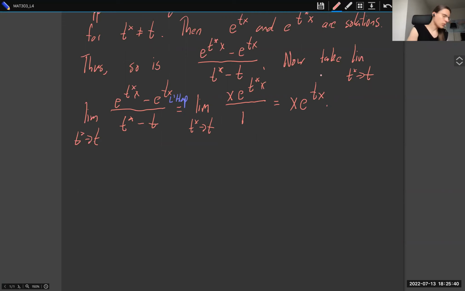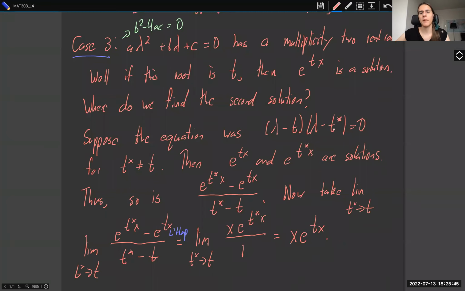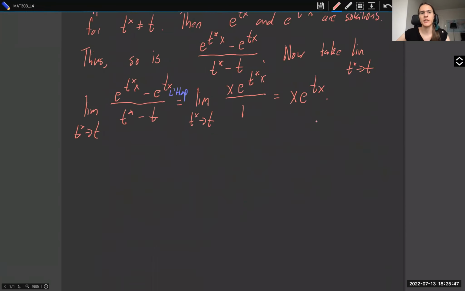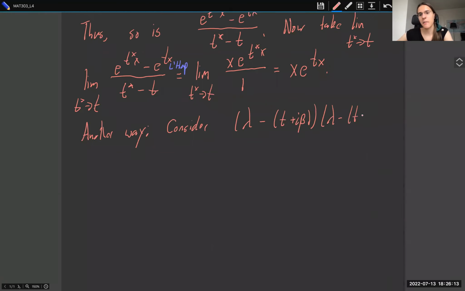And I can also do another thing. So here I considered solutions t star approaching t with both of them being real. Here's another way to do this. Consider lambda minus t, and now we're going to do plus i beta, and lambda minus t minus i beta.